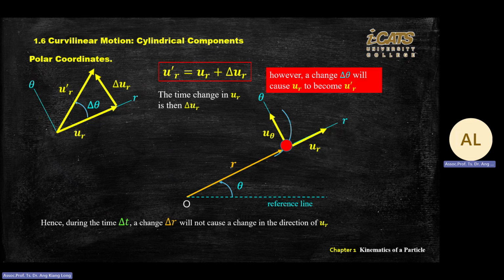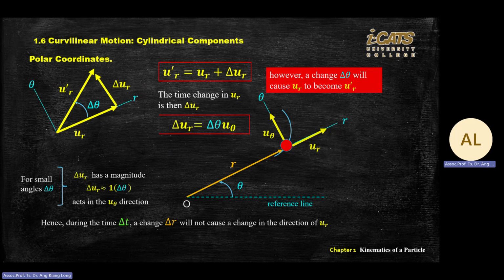The origin is here, so you follow the arrow: UR plus delta UR is your process, and the U comma R is your result. So the result will equal the summation of UR plus delta UR. This is what you need to know how to read.